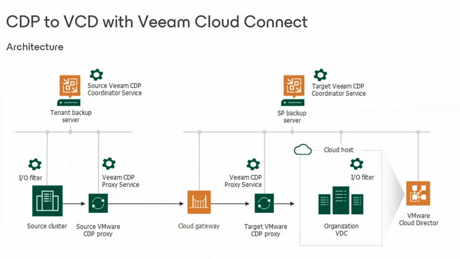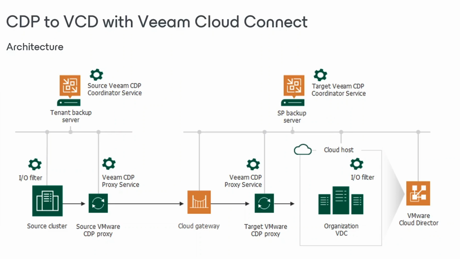Now, if we have a similar setup, but we replace plain vSphere and hardware plans with VMware Cloud Director, then the picture changes a little bit. In this case, we're not using a hardware plan on the right, but we're using organization VDCs, virtual data centers, on which we will enable and thus install the I/O filter.